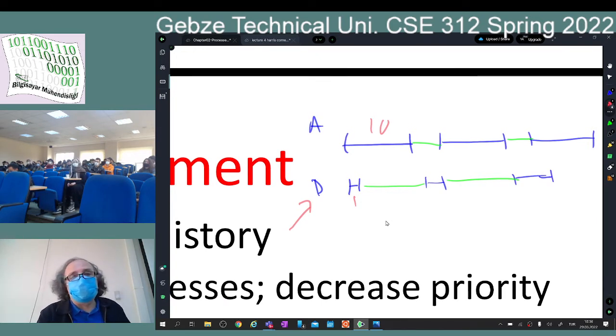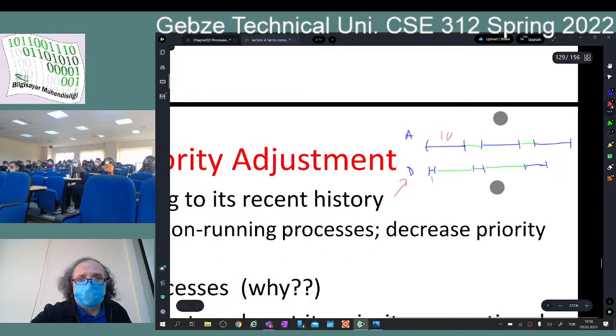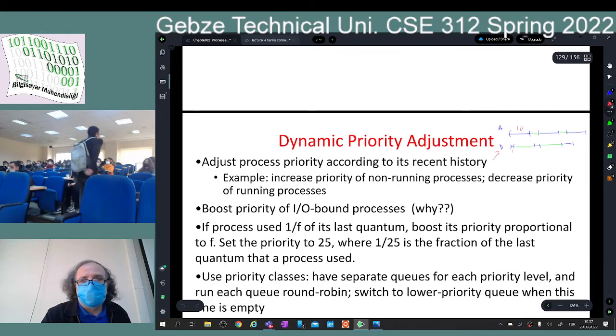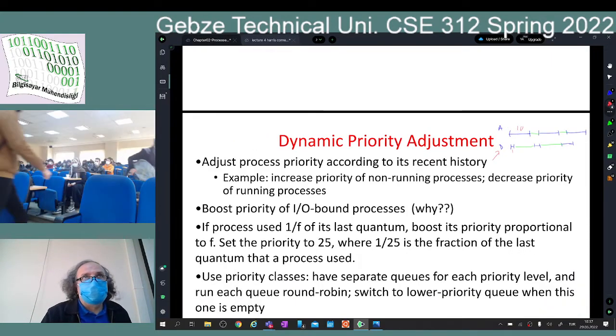Then process A will start working. That's how you satisfy this criteria of fairness.